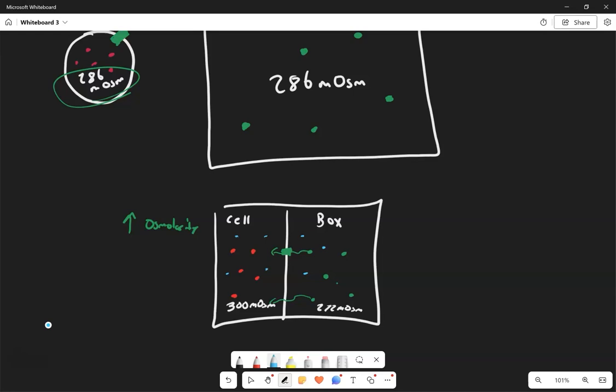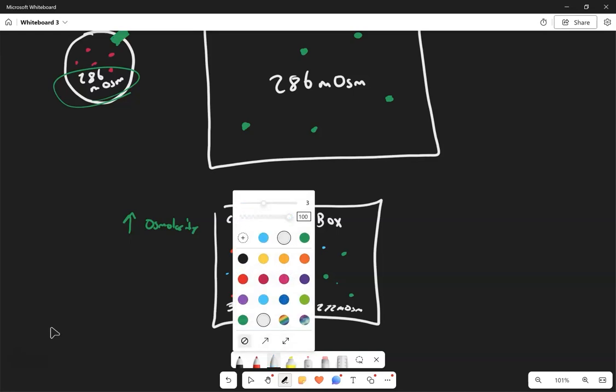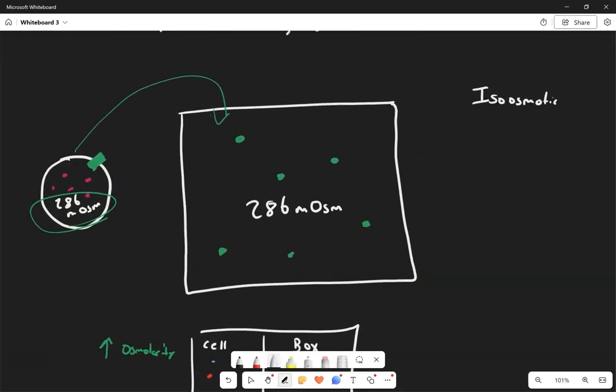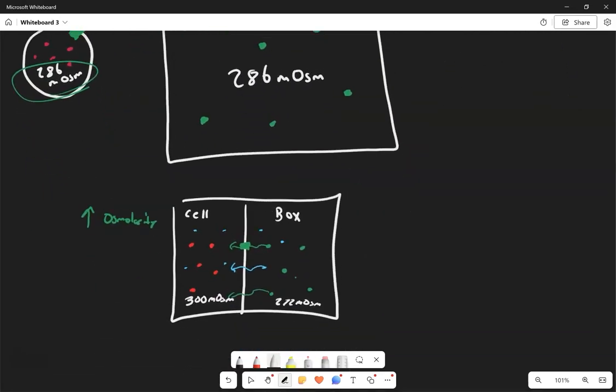So water will move into the cell. So when we started, right, we said that this was an isoosmotic solution, same osmolarity. But now we're saying that water influxes or moves into the cell. And so that's going to cause the cell to do what? It's going to cause it to swell.